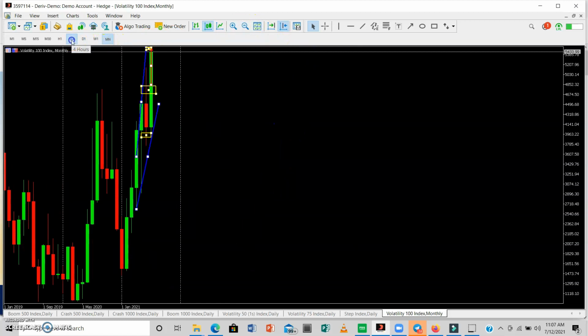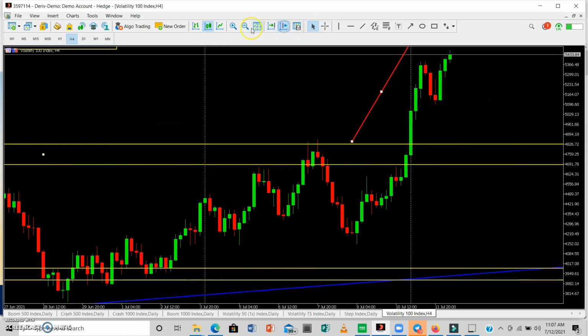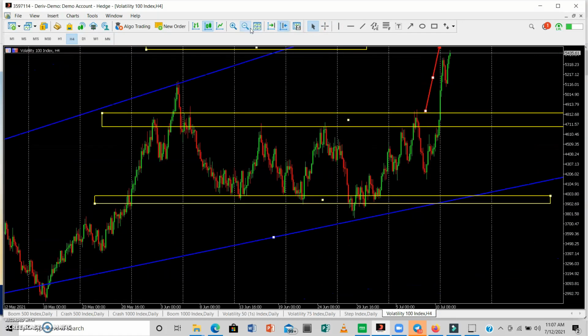Let's go back to the 4-hour time frame and maybe you can clearly see what I'm talking about. Okay, this is what I'm talking about. So we want to target this blue line, and it's way up above there where price has not yet been. So that's why it's difficult to navigate.